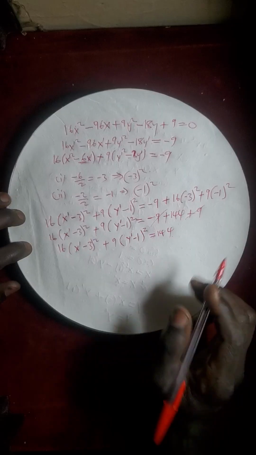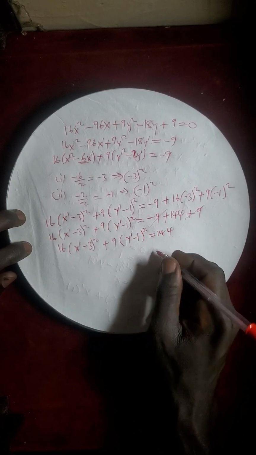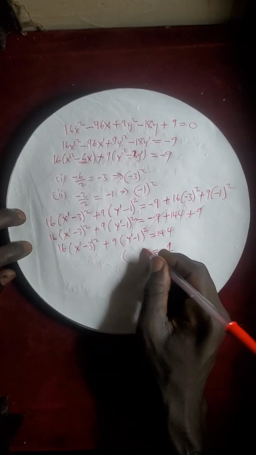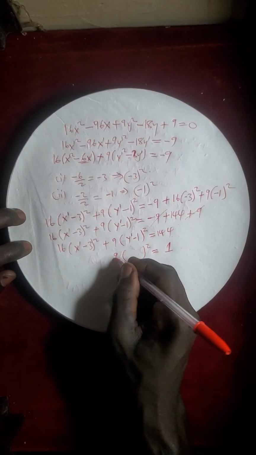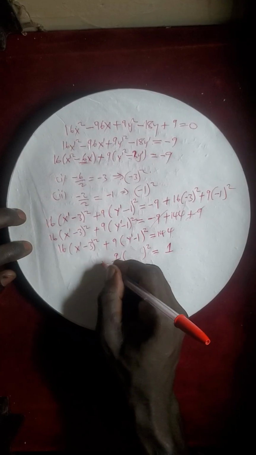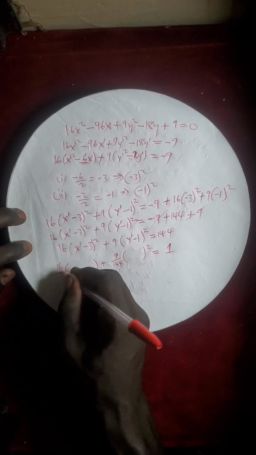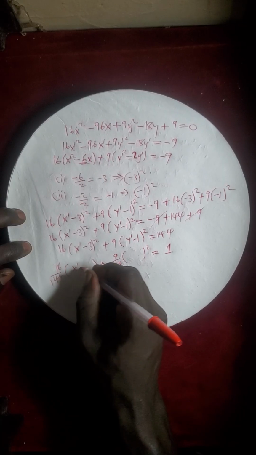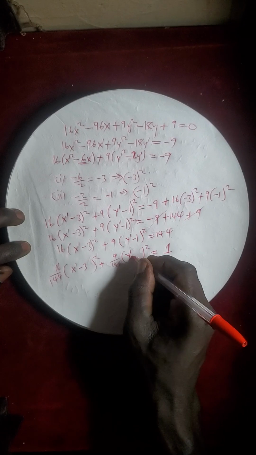So from here, I suggest you divide throughout. When you divide a number by itself, it always gives you 1. Like in the previous question, it would be 9 over 144 plus 16 over 144. Just be careful. Mistakes hurt when they cost you.